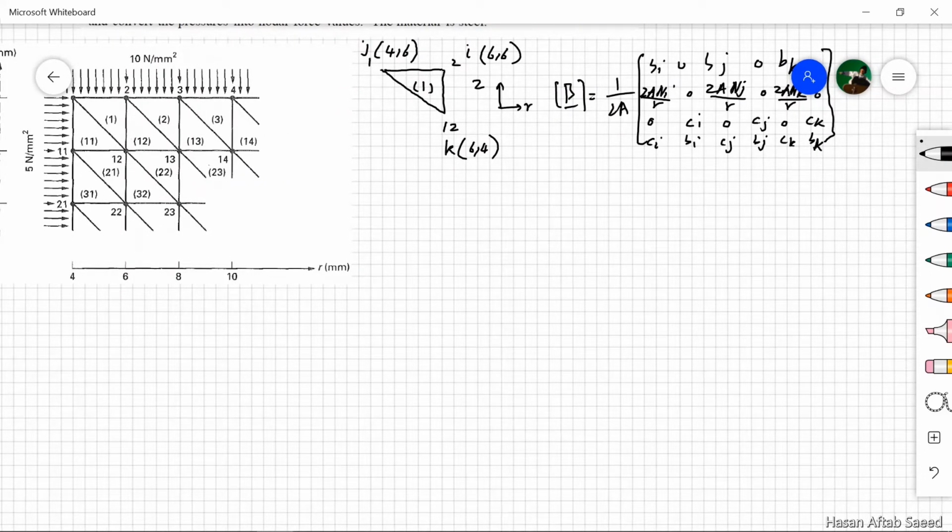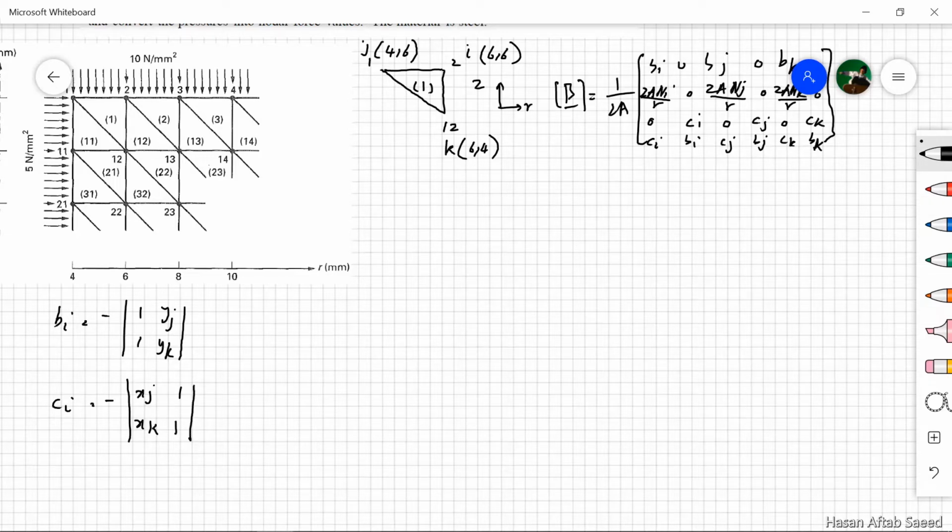Recall that for plane stress and plane strain, Bi was simply the determinant of 1 1, Yj Yk. Similarly for Bj and Bk, and Ci was Xj Xk, 1 1.